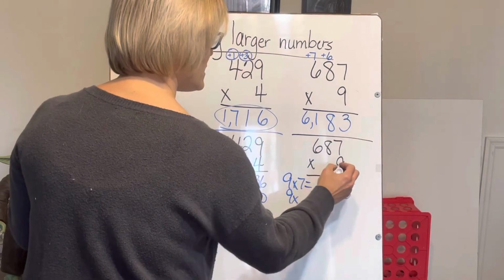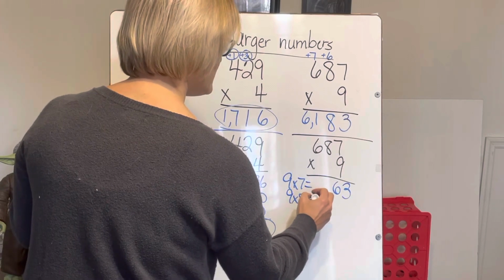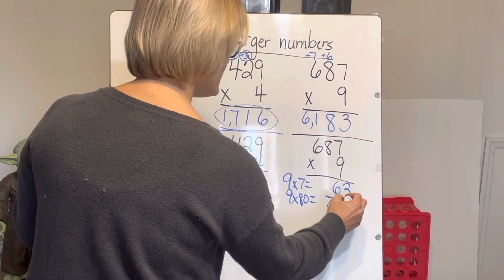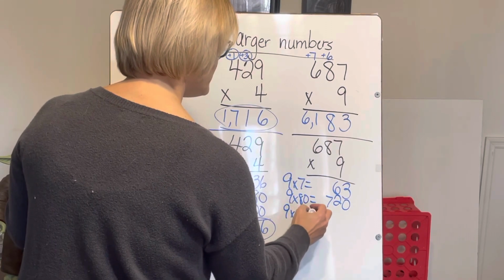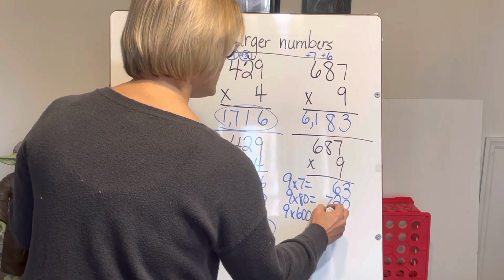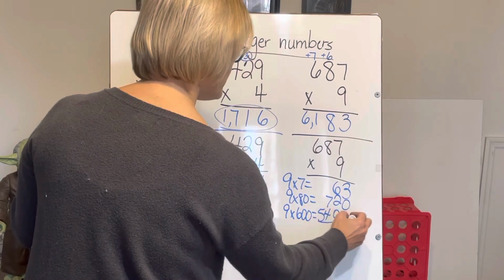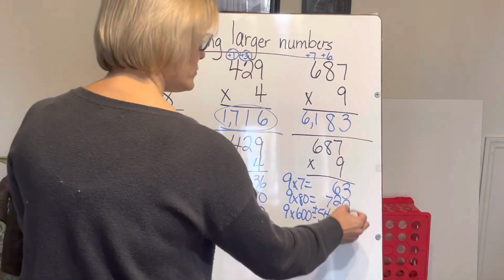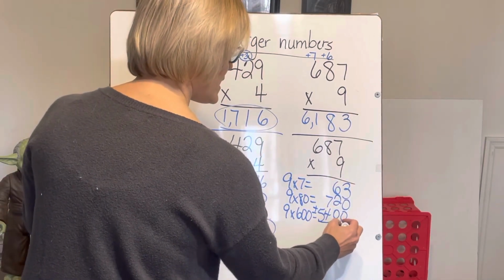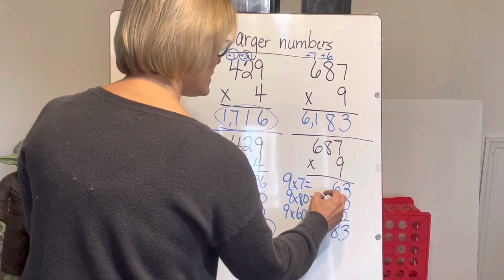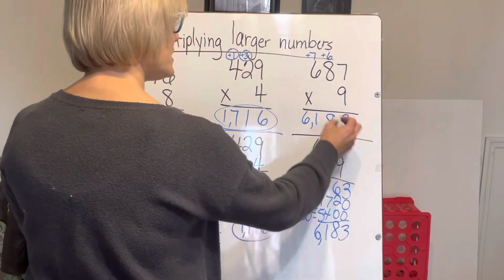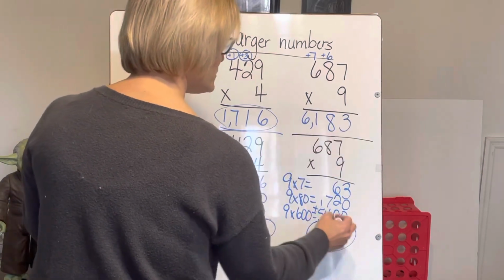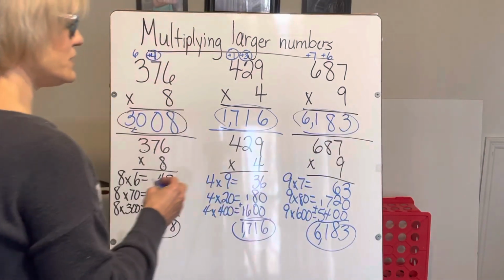Now we have 9 times 80, which is 720. 9 times 600, which is 5,400. Then we add this up. We've got 3, we've got 8, we've got 11, and we have 6. So again, we got the same result, just a different strategy.